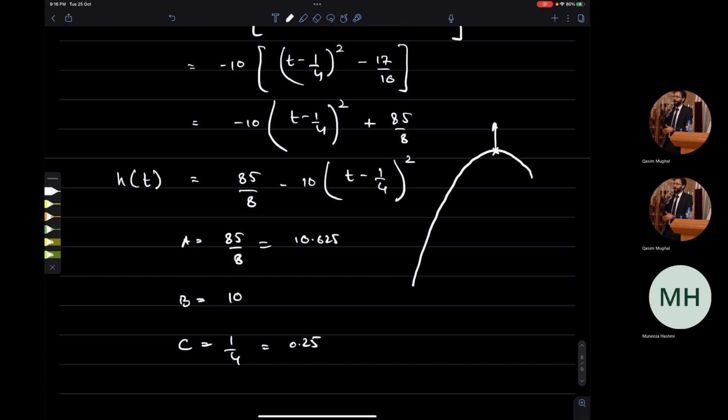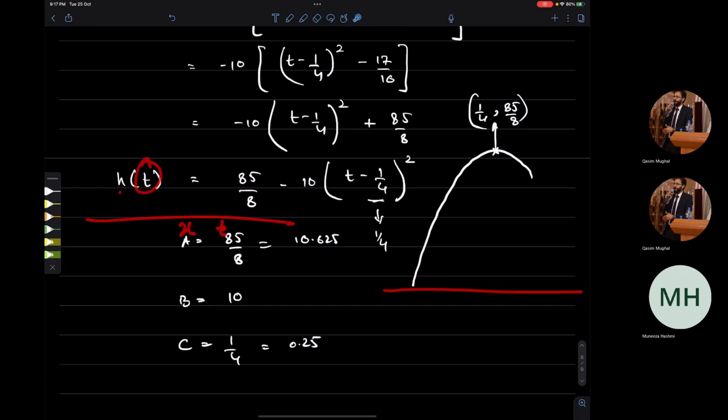The turning point is this thing with the opposite sign, which is 1 by 4, and the y-coordinate, which is height, is 85 by 8. How do I know I have time on the x-axis? Look, it's h of t. On the x-axis, I have time. On the y-axis, it's h of t, height with respect to time.